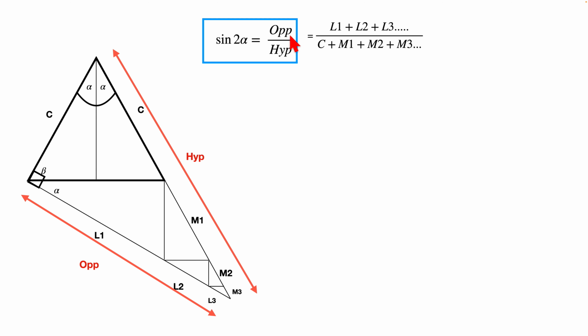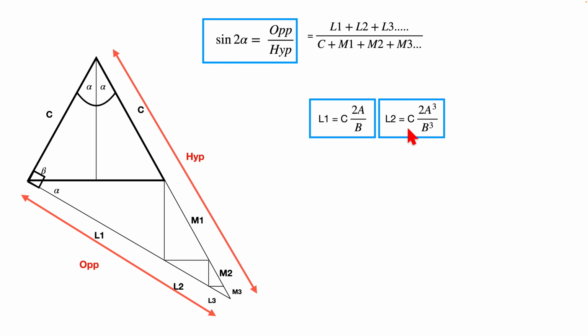So the opposite is equal to L1 plus L2 plus L3 plus L4 plus L5 plus L6, which I haven't shown. And the hypotenuse is C plus M1 plus M2 plus M3 plus M4 plus whatever. Let's take a look at L1 plus L2 plus L3. We know that L1 is C times 2a over b.